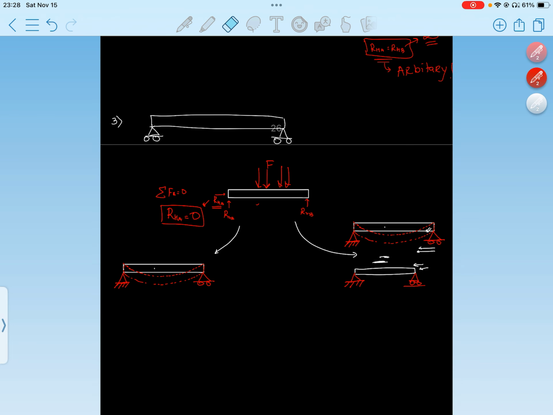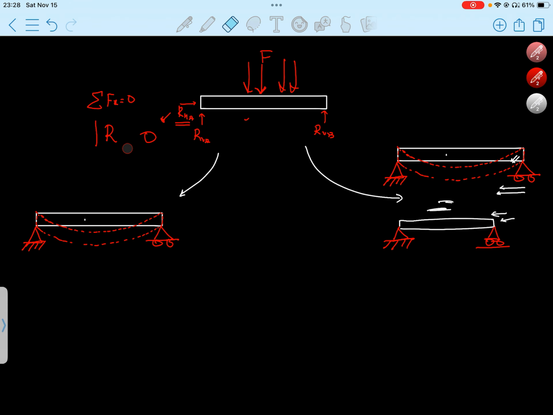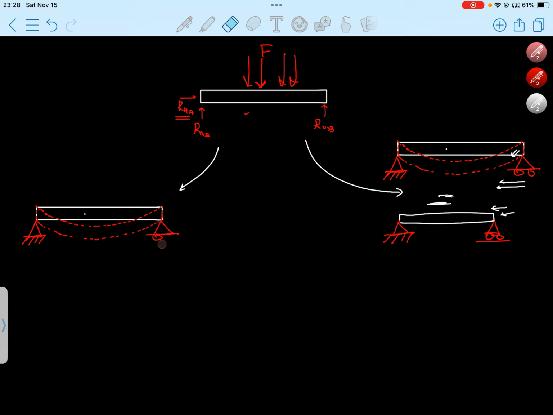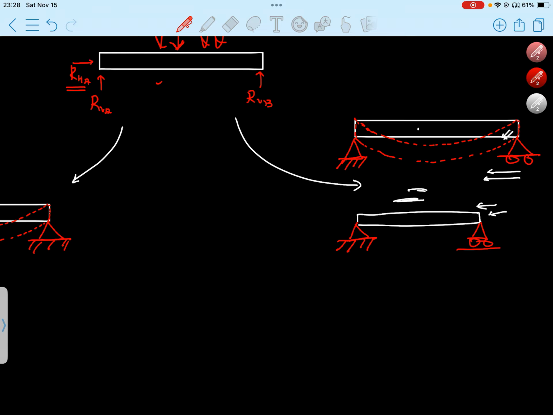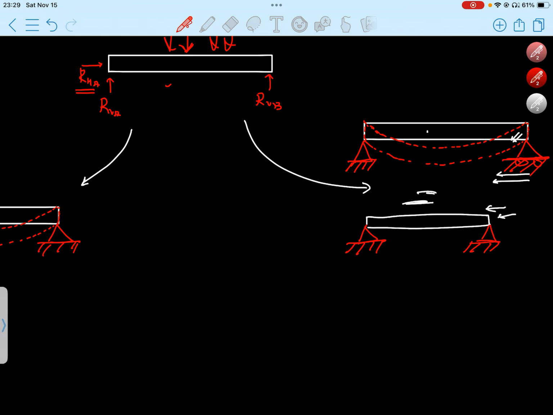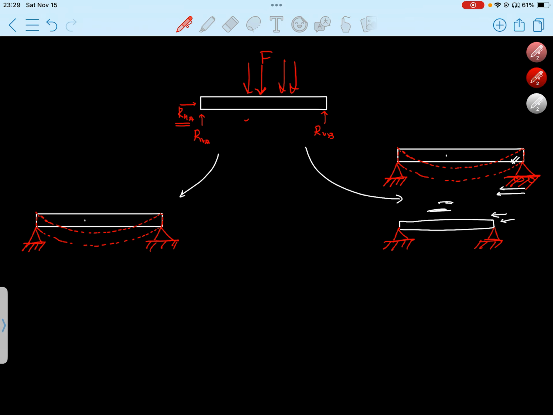Yeah, if I apply a purely vertical force on this beam, what do you think can happen now as both of these are hinges and not rollers? Yep, you are right.